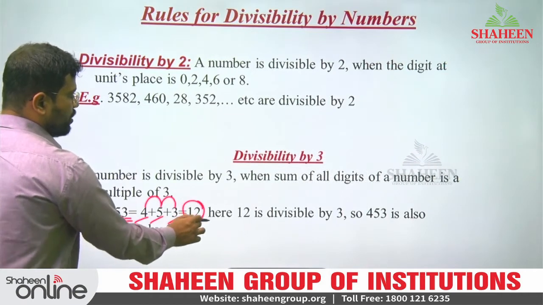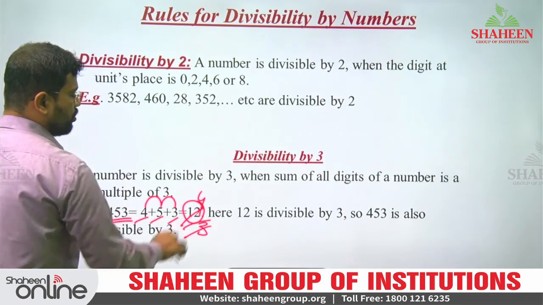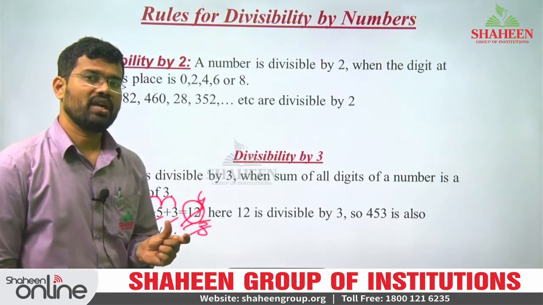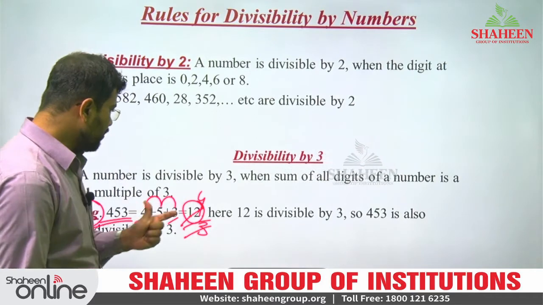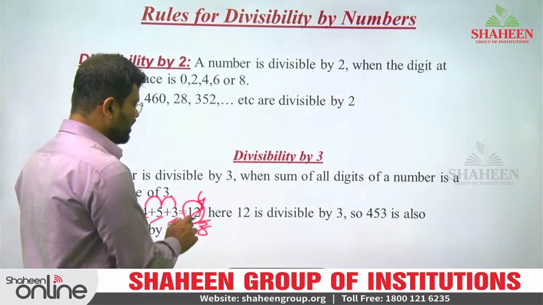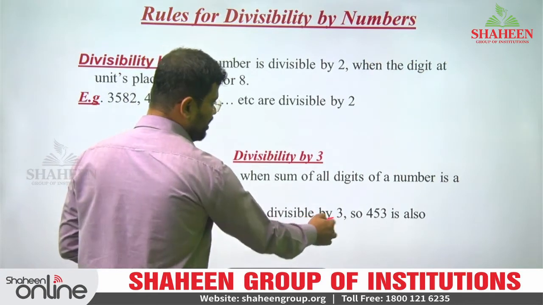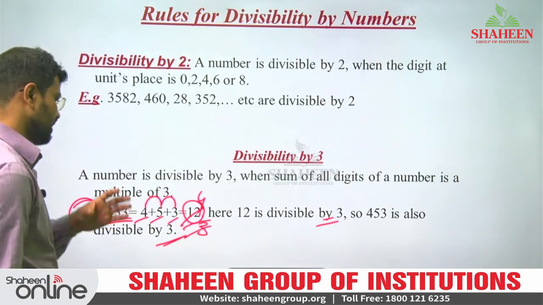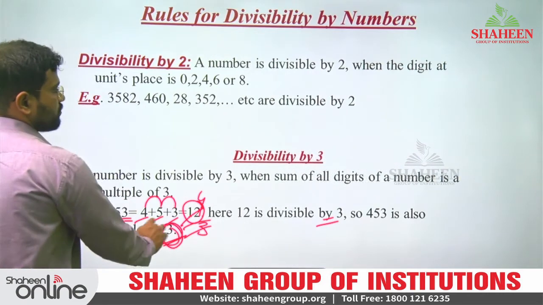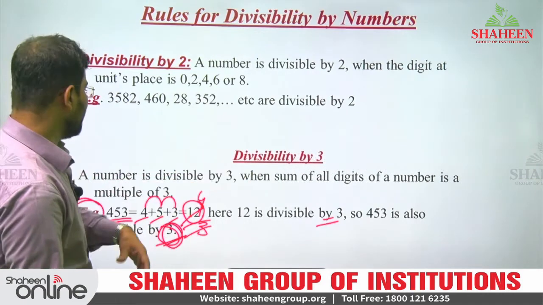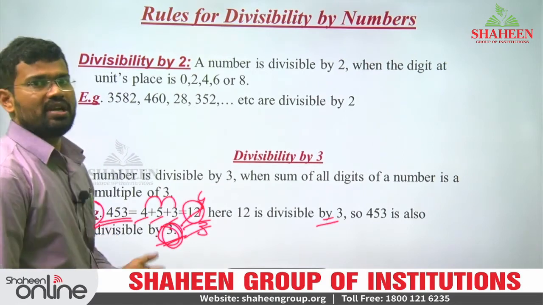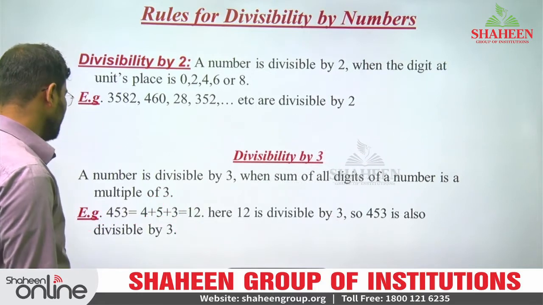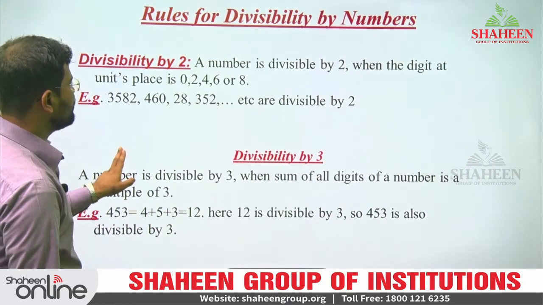So 12 is divisible by 3, 3 into 4 is 12. So if the sum of all the individual digits in the given number is divisible by 3, then the entire number is divisible by 3. When the sum of all digits of a number is a multiple of 3, then fine, done, the entire number is divisible by 3. Let us see the other one.